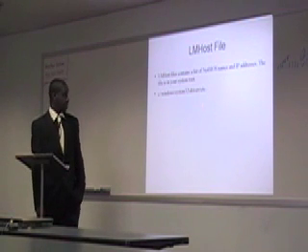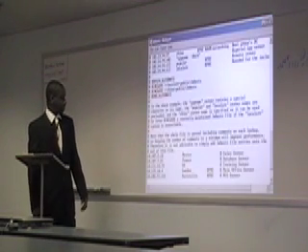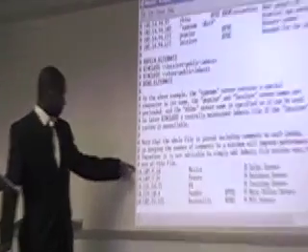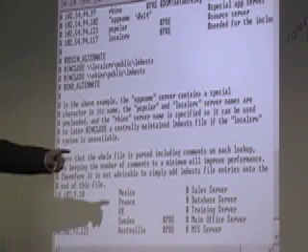And this is the location of your LMHOSTS file. Down here would be the actual NetBIOS names. You've got your IP addresses and the NetBIOS name over there.